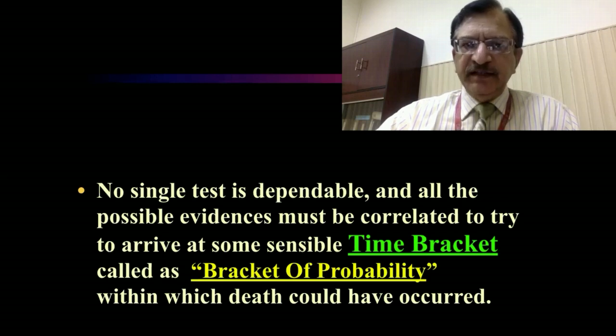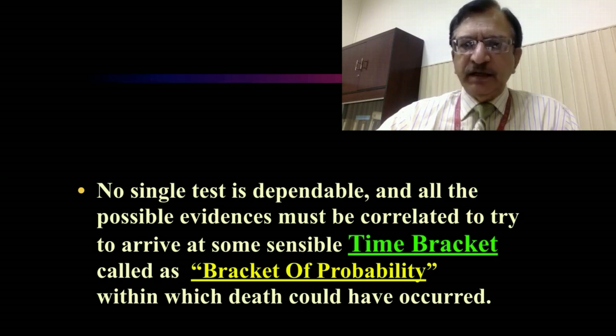No single test is dependable, and all the possible evidences must be correlated to try to arrive at some sensible time bracket, which is called the bracket of probability, within which the death could have occurred.